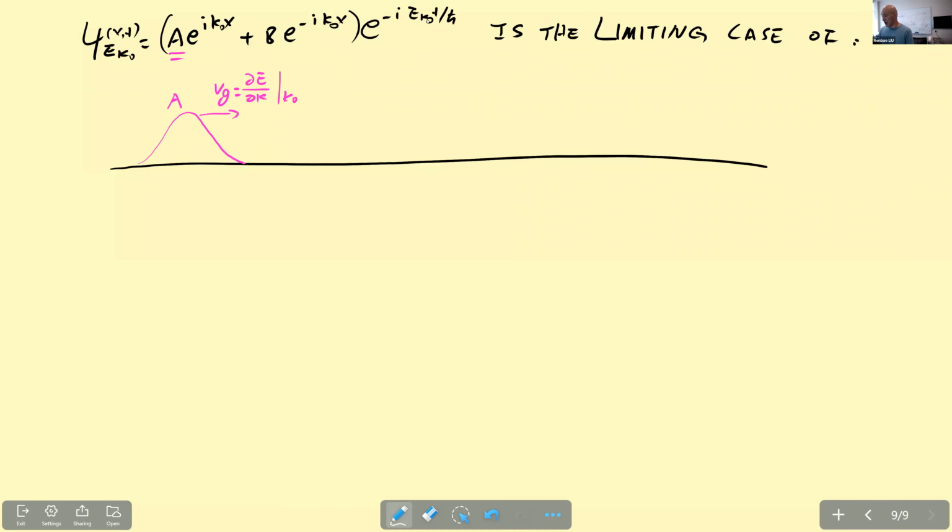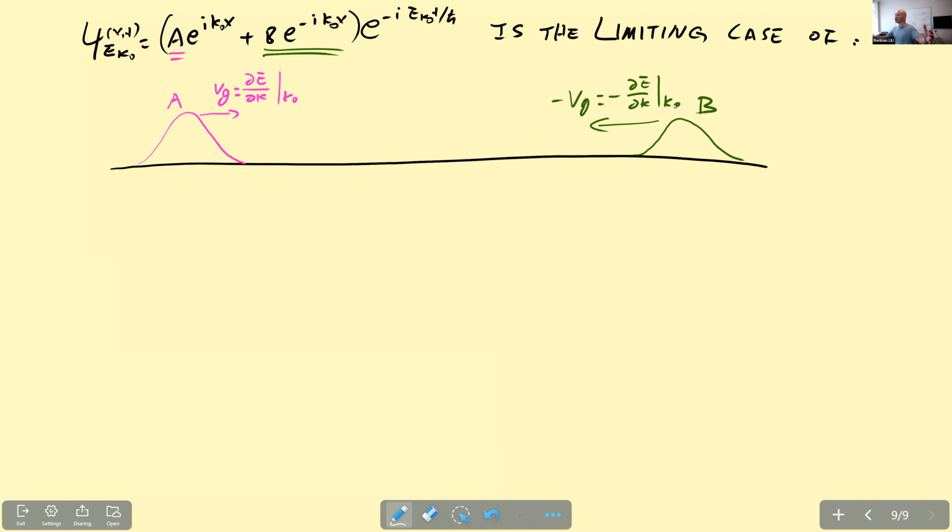And then you have another one. This one is at a symmetrical position with amplitude B and propagating with the velocity Vg equals minus partial E partial k at k0.